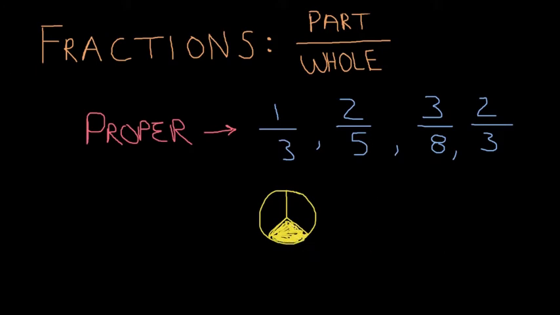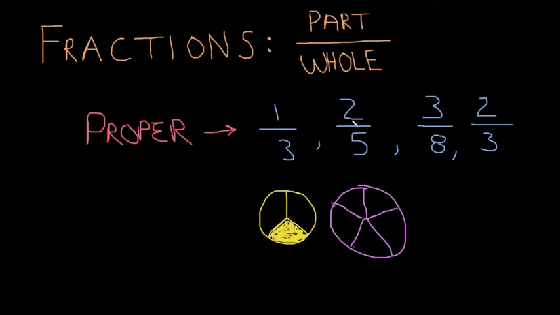With this one here, you can make another whole, and this whole is broken up into 5 pieces. So I'm just going to make some dots here, a little dot in the middle, and we're going to break this up into 5 evenly divided pieces.